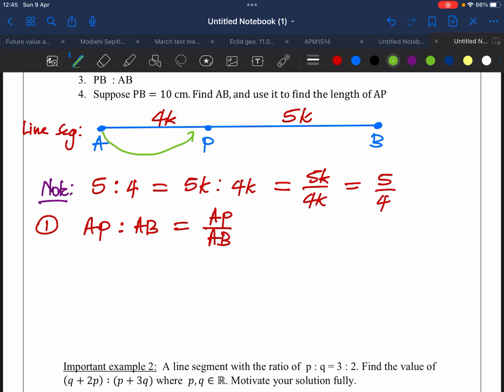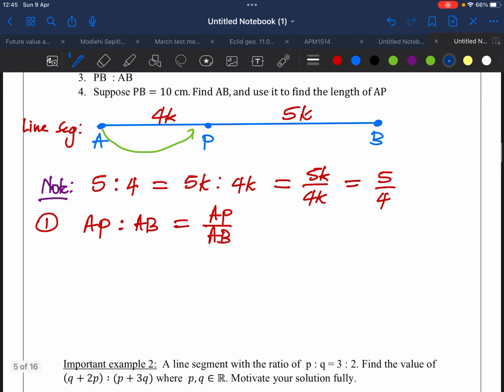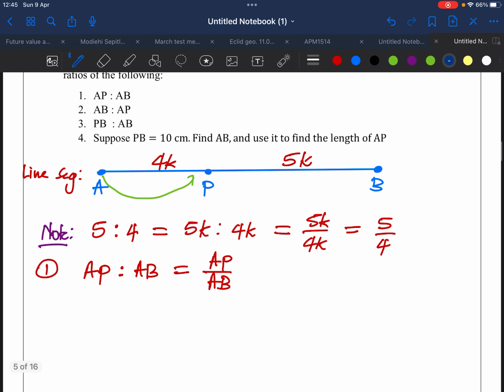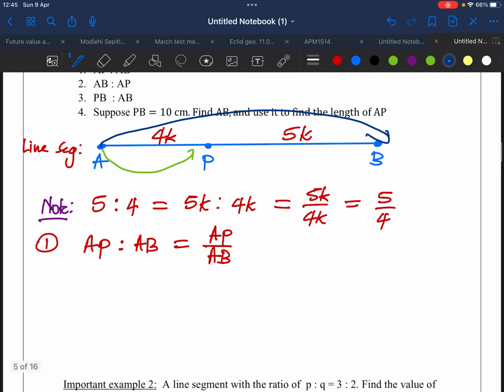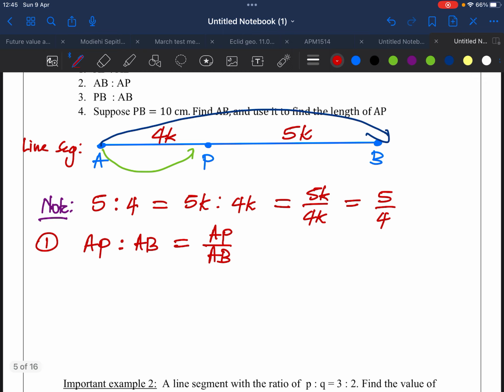Now we see that our AB, let me choose another color there. We see that AP is 4K. What about AB? AB is just 4K plus 5K. So we have AP as 4K, and AB should be 4K plus 5K, which is 9K.